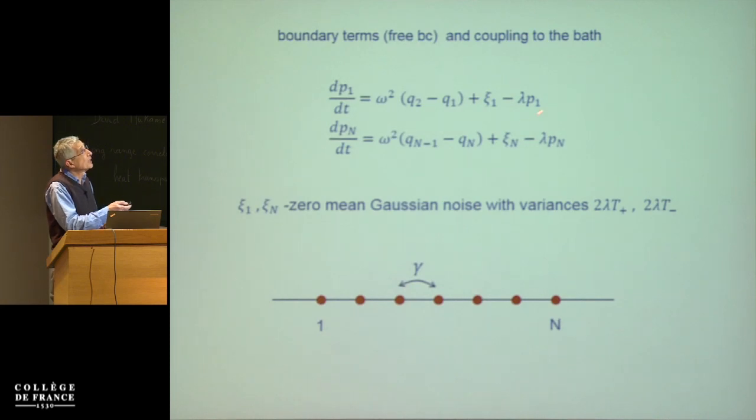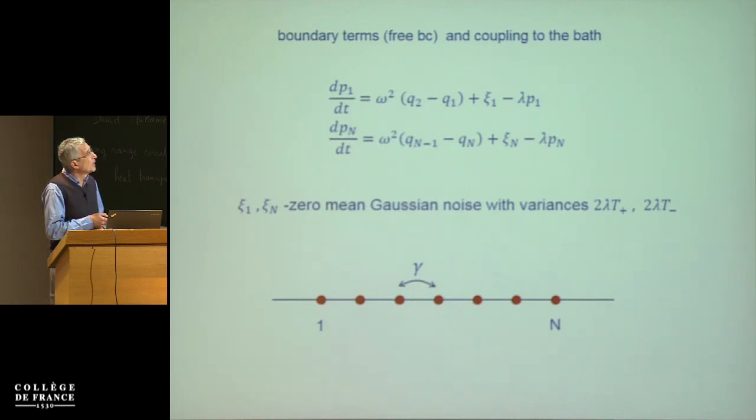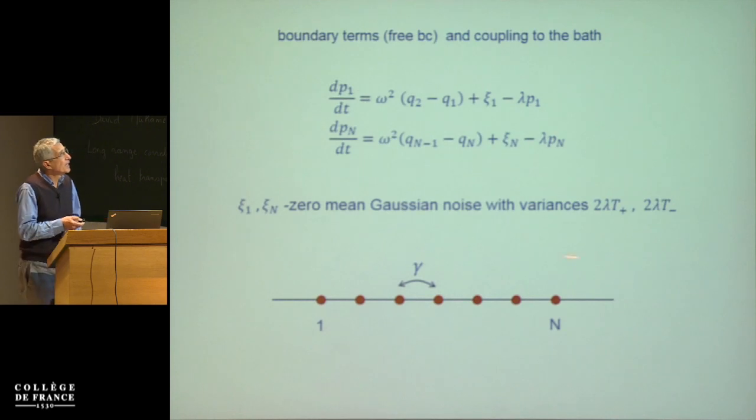Basically you want this to thermalize at some temperature T, and the coupling lambda and the noise xi are related so that the noise, say xi1 at site 1, is a Gaussian noise with zero mean and variance 2 lambda T plus.